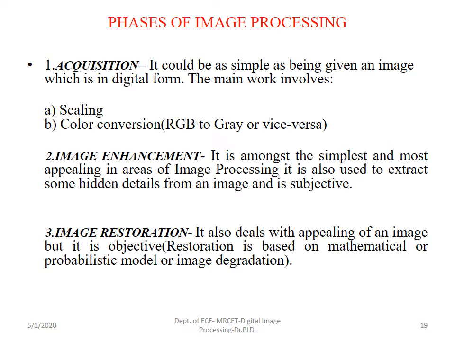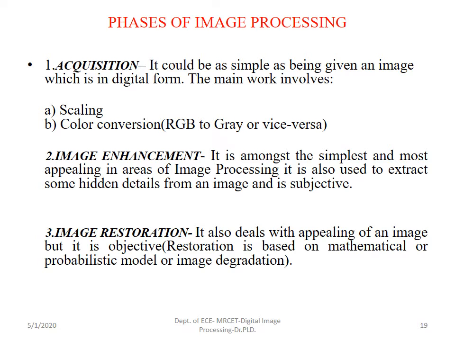Coming to the third phase, restoration. It also deals with the appealing of an image, but it is an objective process. Restoration is based on a mathematical or probabilistic model of image degradation.